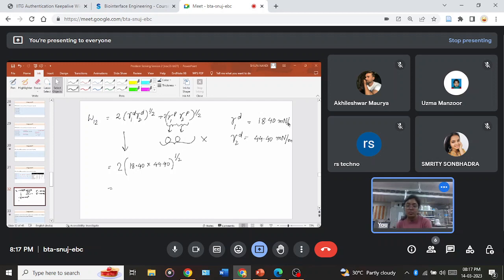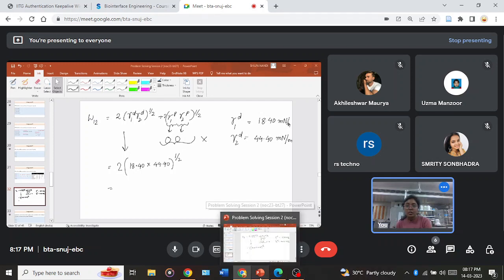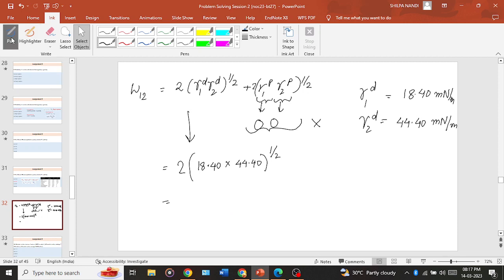Okay, let's move forward then. So the value for this W12 will come as around 57.16. Fine.